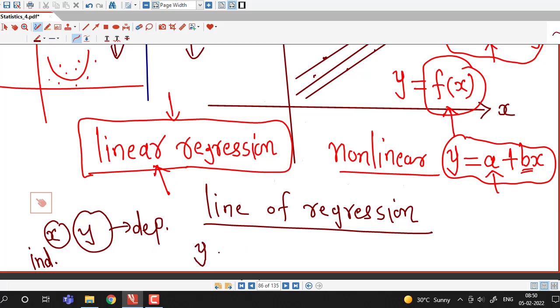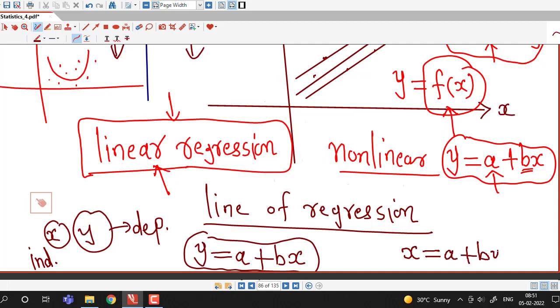Now if y depends on x, then we will consider this type of straight line, y equal to a plus bx, and we will call this the line of regression of y on x. If x depends on y, then we will consider this form of straight line, and we will say that this is the line of regression of x on y.